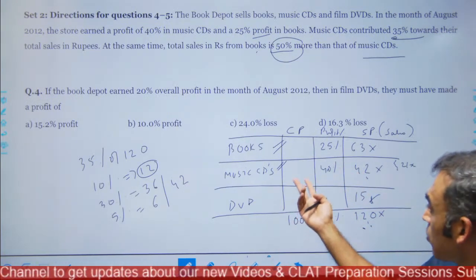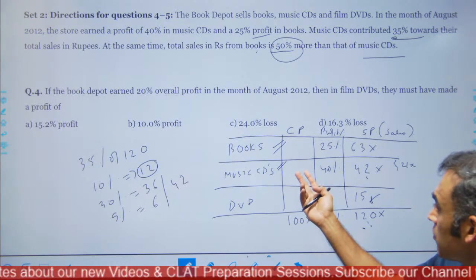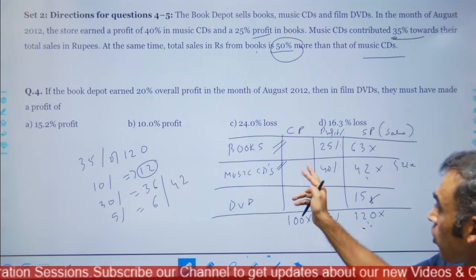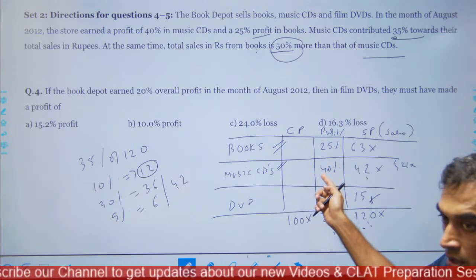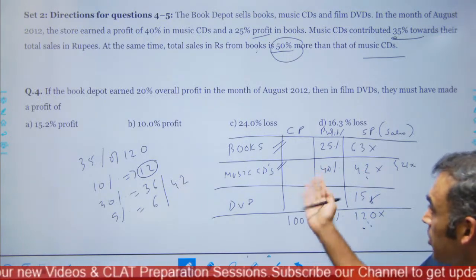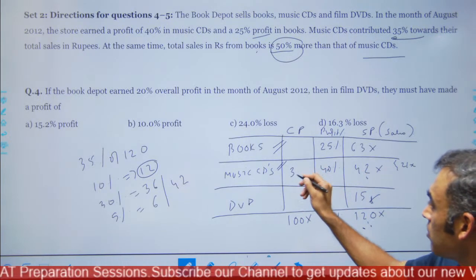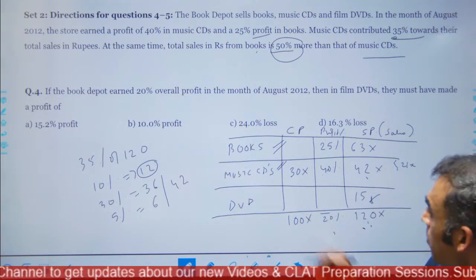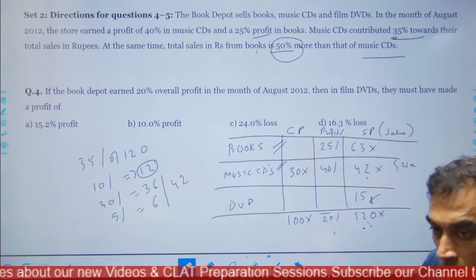So this is a normal calculation. You can just figure out what number should this be such that 40% of it gives you 42. So this is easy. You don't have to do anything in this. This will be 30. Right? What about this 25%?